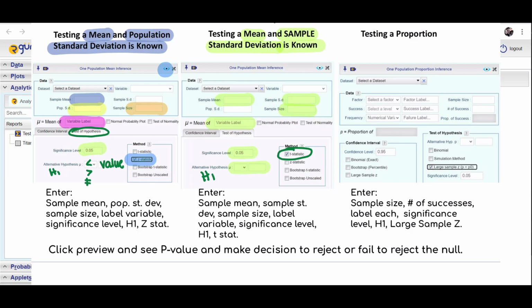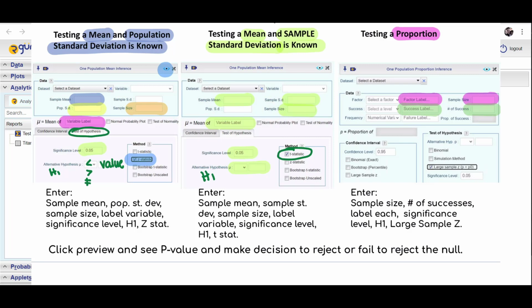All right. Last, if you are testing a proportion, you're going to choose a proportion inference instead of a mean inference, one population. You need to fill in the sample size and label the units. You need to fill in the number of successes and label the units.